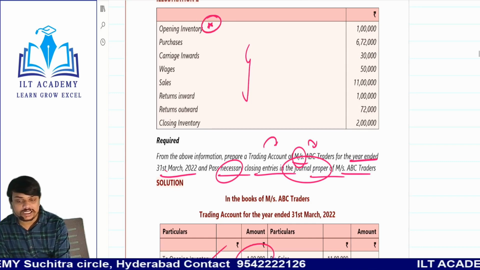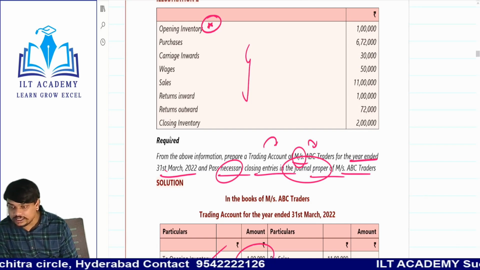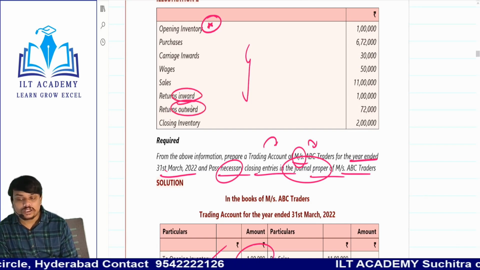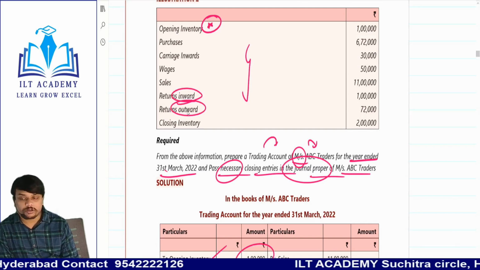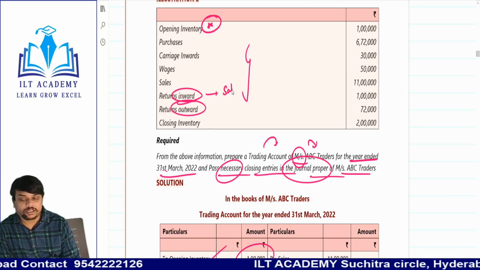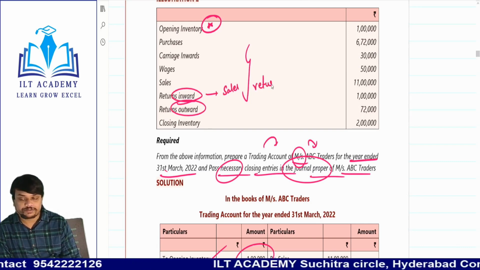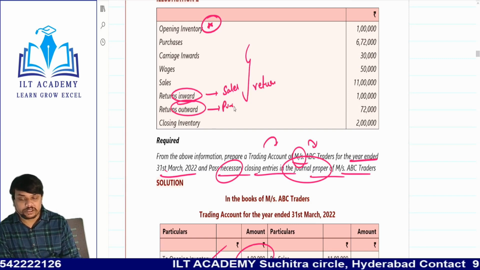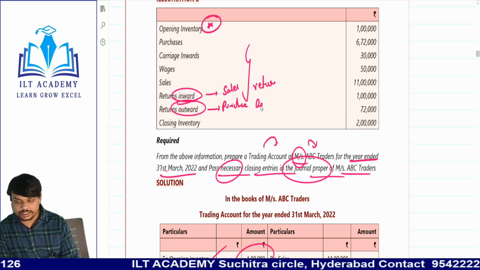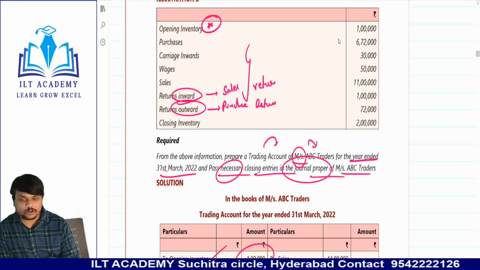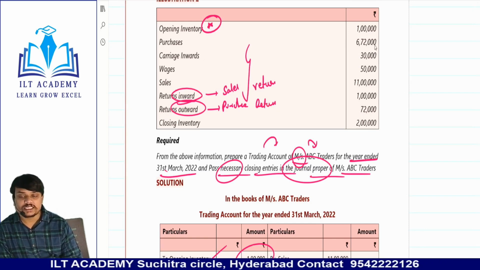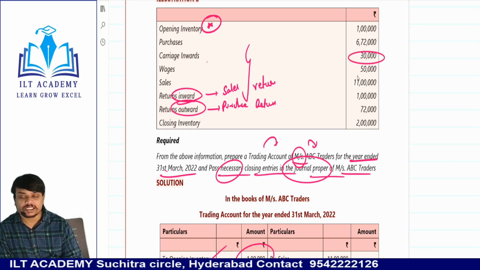Next purchases 6,72,000 and there are return inward and return outward. What do you mean by return inward and what do you mean by return outward? Return inward is nothing but sales returns. Return outward is nothing but what? Purchase returns. Opening inventory is 1 lakh. Purchases is 6,72,000. Carriage inwards is 30,000.